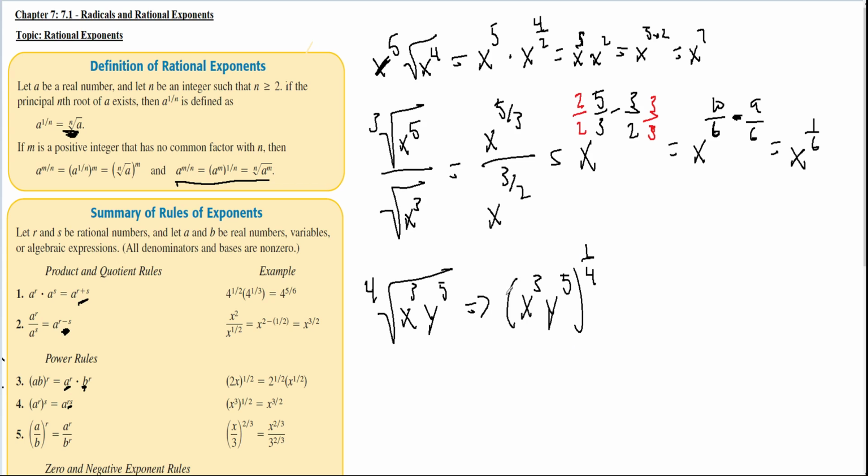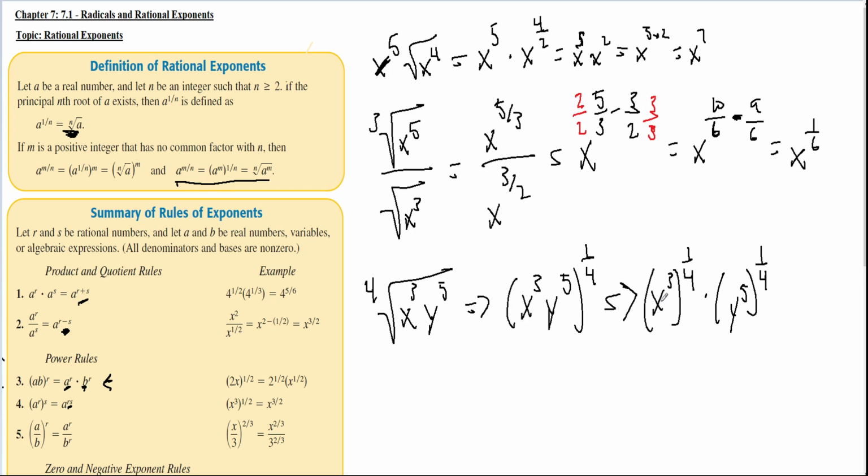And this is an application of rule number 3. I have two different numbers raised to the same power, so I distribute that power to both of them. So I have x raised to the 3rd power raised to the 1/4 times y to the 5th raised to the 1/4 power.